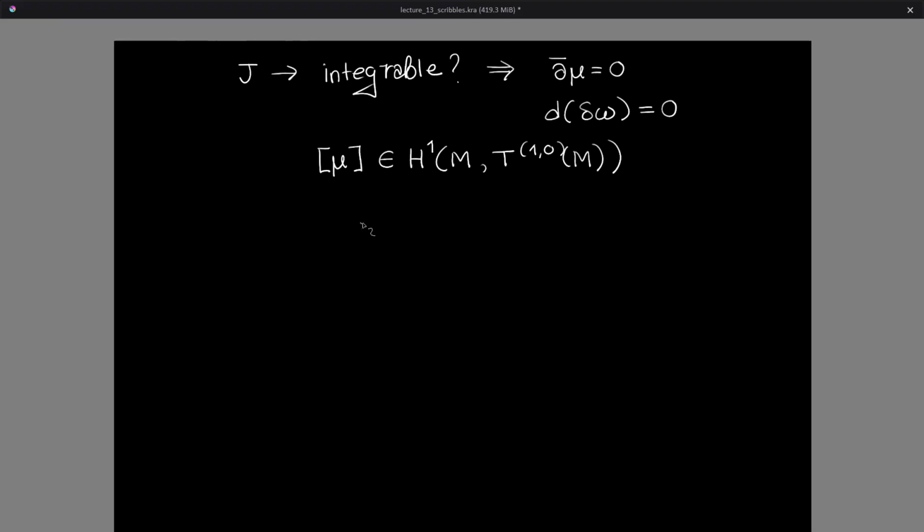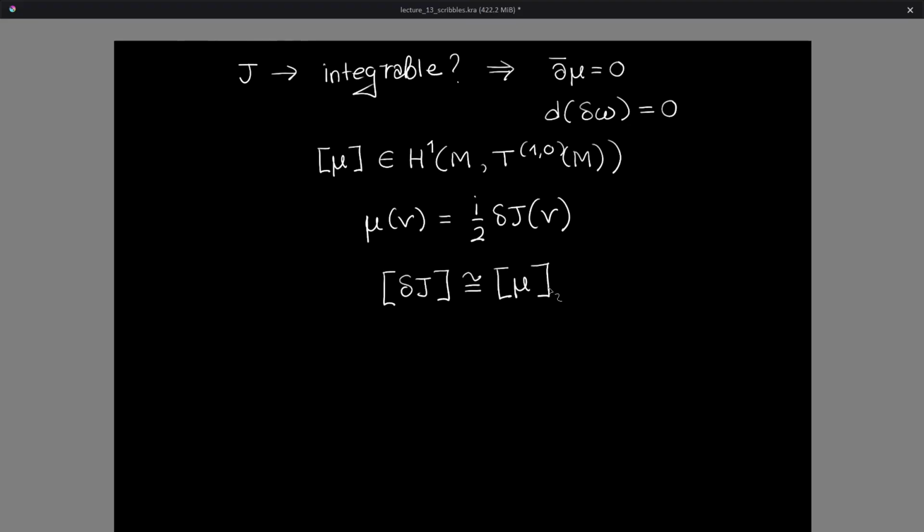Well, thankfully we do have one. Mu of V is equal to i over 2 delta J of V, and this is an isomorphism. We're not going to prove that here, again, for the sake of time. But what that means is that delta J is isomorphic to mu. So we have that first part of the link, but we're not out of the woods yet.